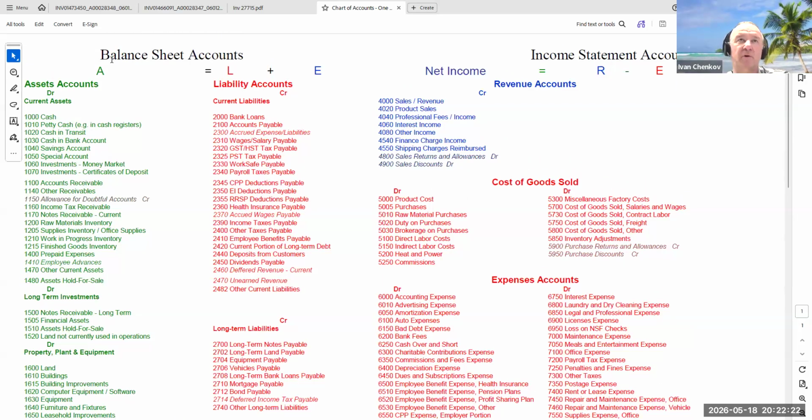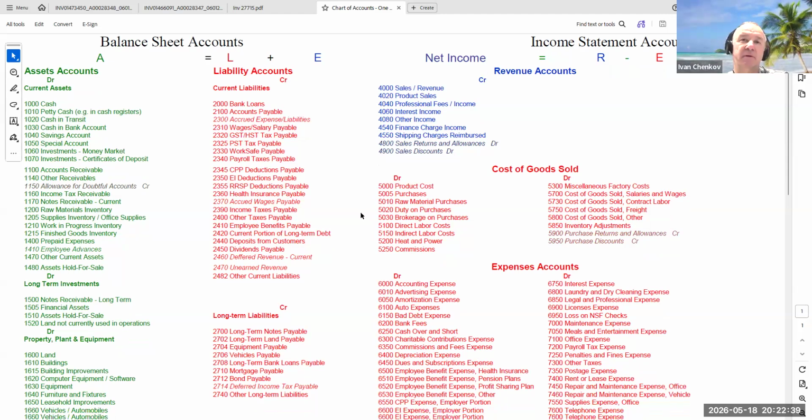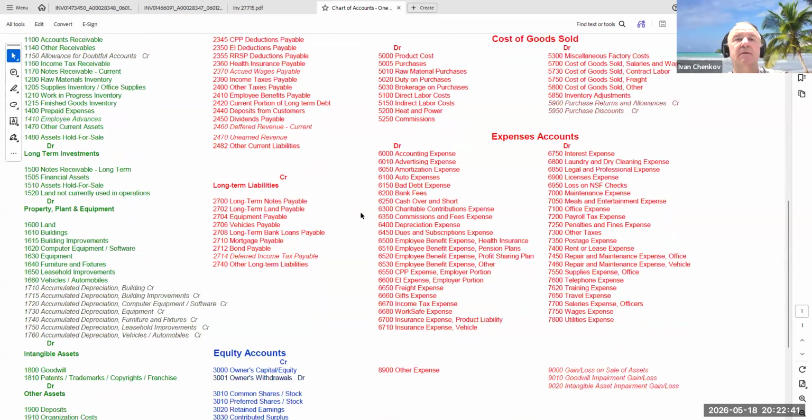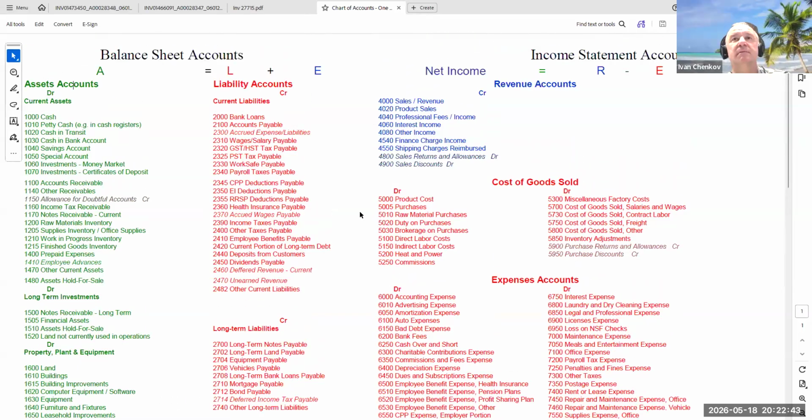Basic equation: on the balance sheet, assets equal liabilities plus equity. On the income statement, net income comes from revenue minus expenses. Net income is part of the equity. How exactly that happens, we're going to see later. And that's how it goes.